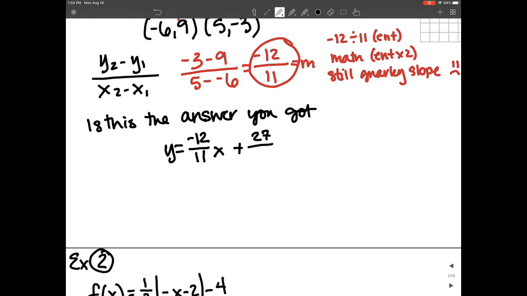Yeah. I tried to graph it, and that didn't work out, but I think Addie's checking. Uh-oh. Addie, you're checking right now? Okay, for both points? All right.